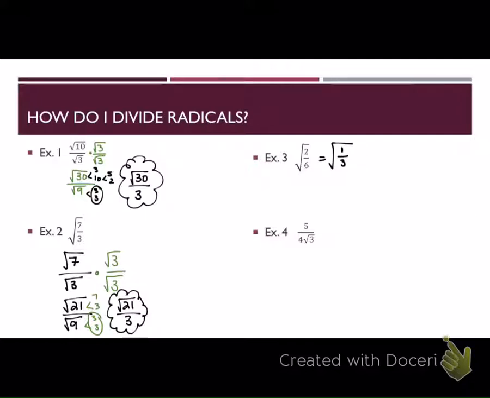How could I rewrite that there, Hunter? How could I rewrite the square root of the fraction 1/3? Like we did on number 2. So we said the square root of 7 over 3 is the same thing as the square root of 7 over the square root of 3. So we just simplified 2 6 to 1/3. So how could I rewrite that?